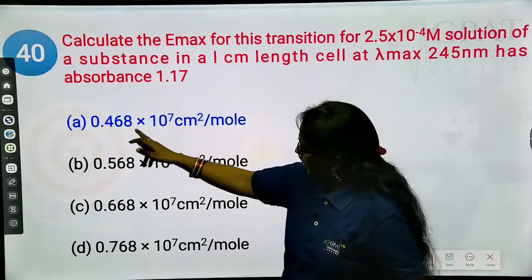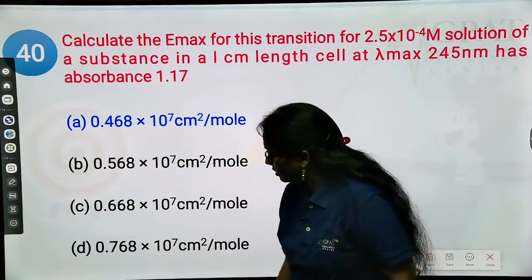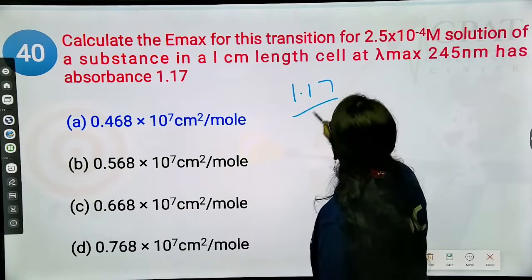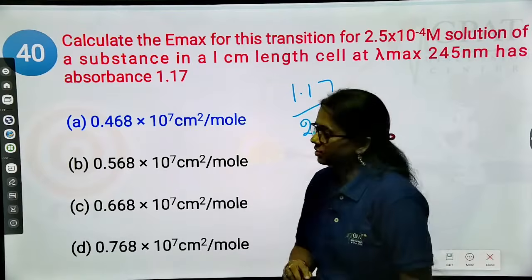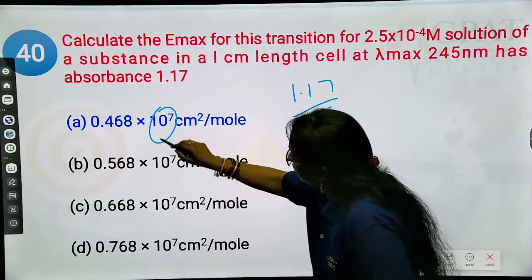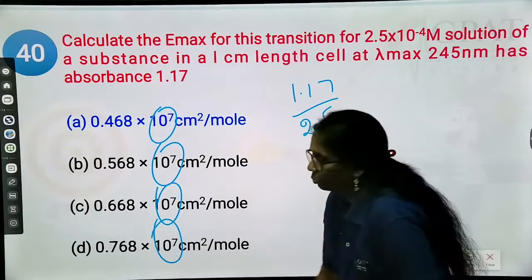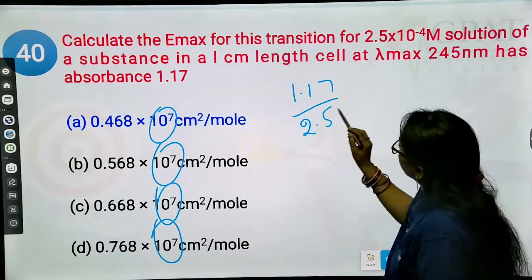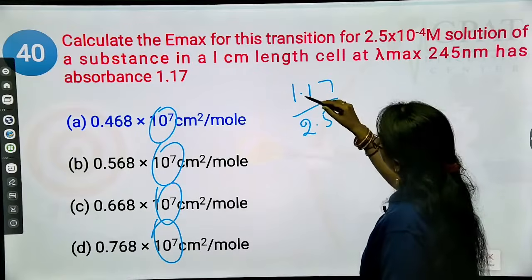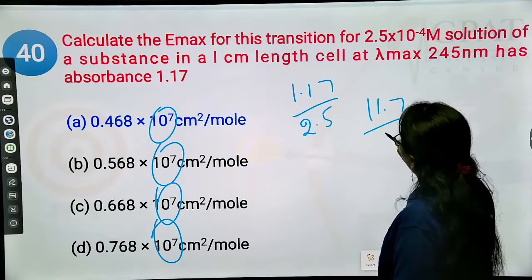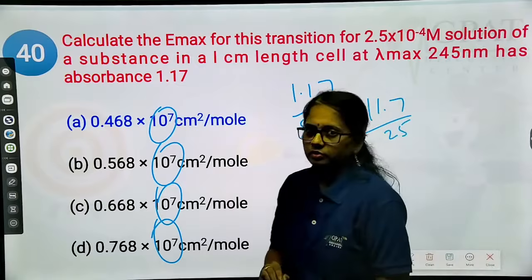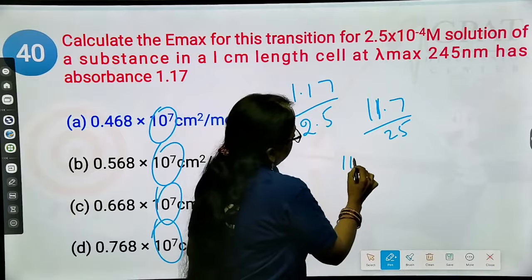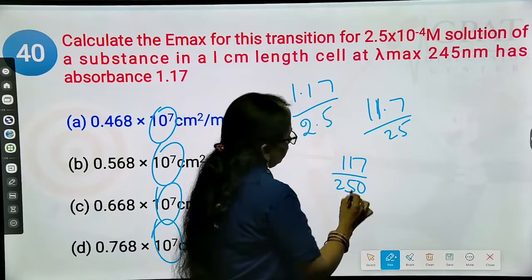Okay. So here they have given 0.468, 0.568, 0.668, 0.768. 1.17 divided by 2.5, if you do this, they have given the same number here, so no need to bother about this. Whatever you get could be the right answer. Okay, so 117 divided by 250 you are getting.